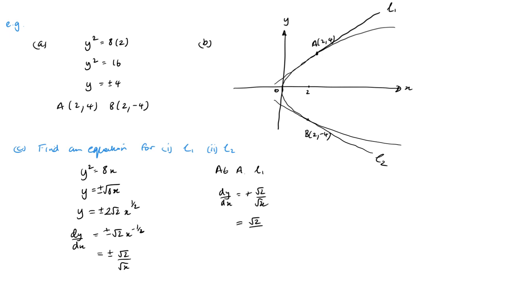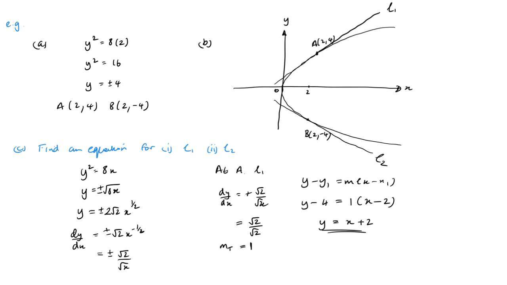So root 2 over, and x is 2, root 2, so that is 1. So the gradient of the tangent is 1 at A. So y minus y1 equals m, x minus x1, so that's y minus 4 equals 1, x minus 2. So y equals x plus 2. So that is the tangent L1.